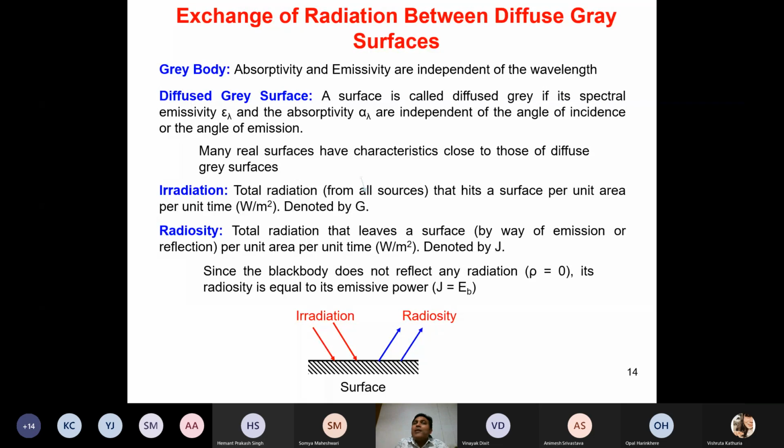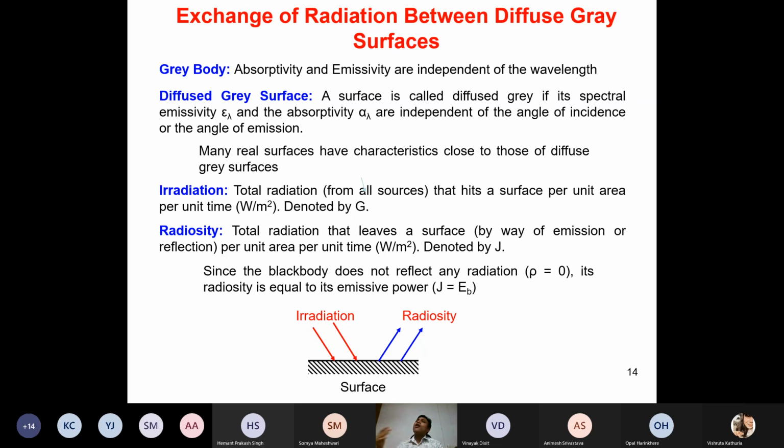Real bodies will not have emissivity equal to 1, and the emissivity and the absorptivity will be a function of temperature and wavelength. So even before we go to real bodies, let us look at something in between real bodies and black bodies. What is that? Something called a gray body.